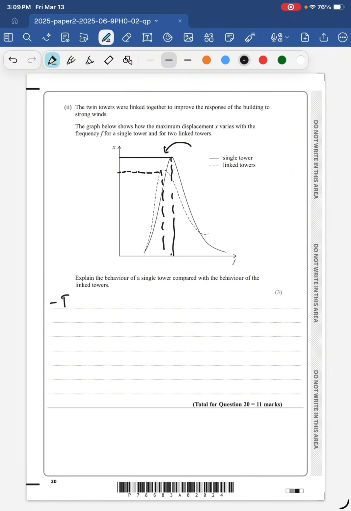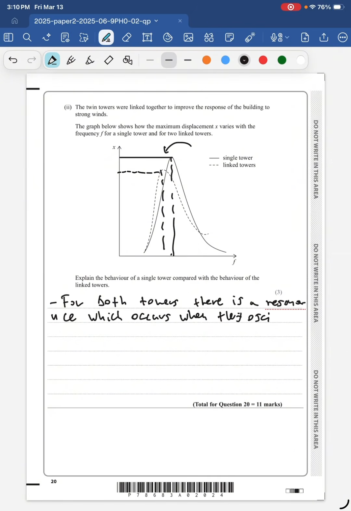So these are the kind of things we can write. For both towers, I mean both the single and the linked, there is a resonance, which occurs when they oscillate at their natural frequency.